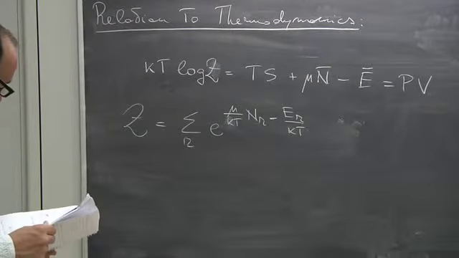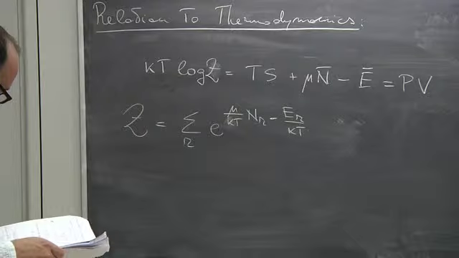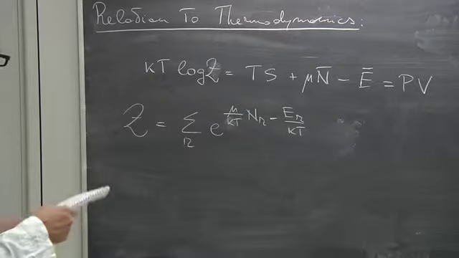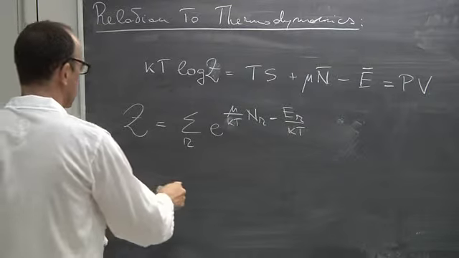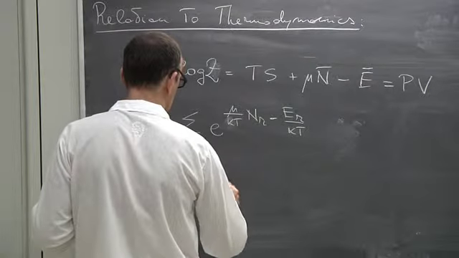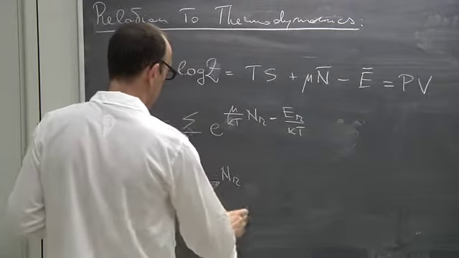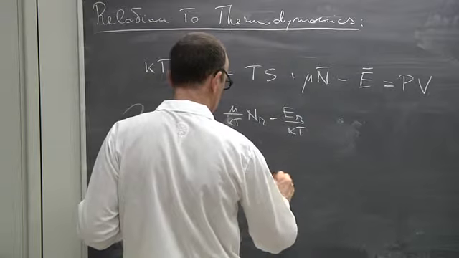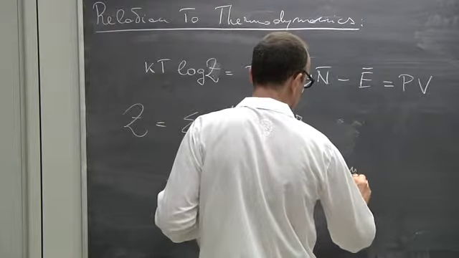Now, let us make a couple of examples. Before doing so, let me mention that this is called the grand canonical partition function, and it is useful in many cases to write it in terms of what is called the fugacity, e to the minus E_r over kT, where z is e to the mu divided by kT.